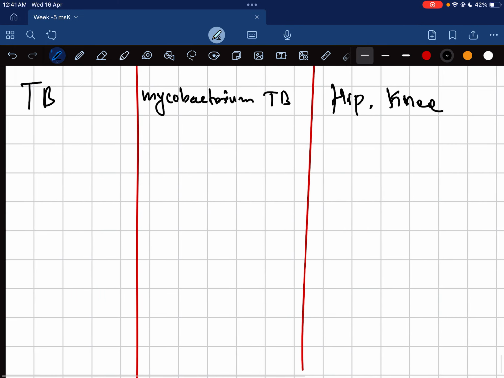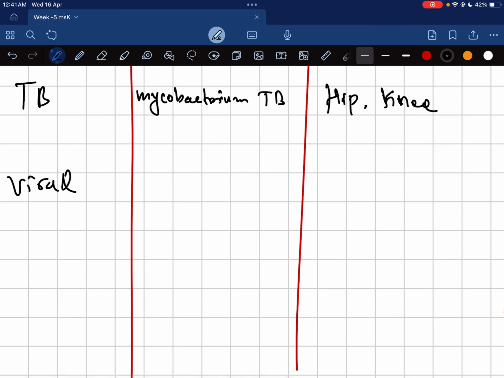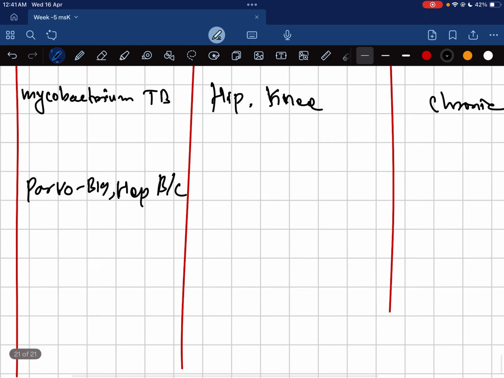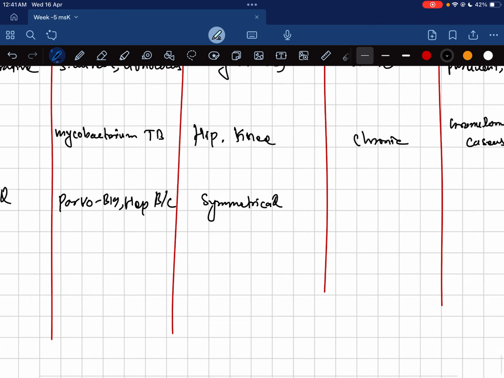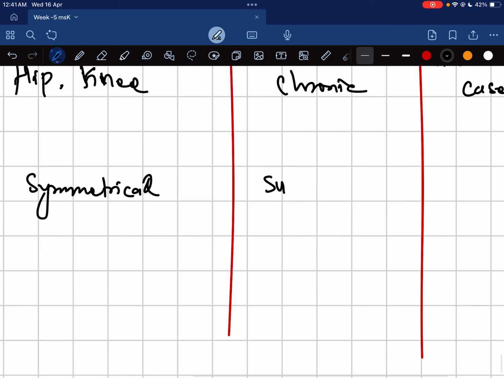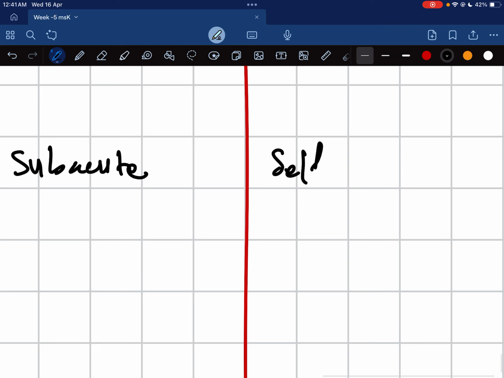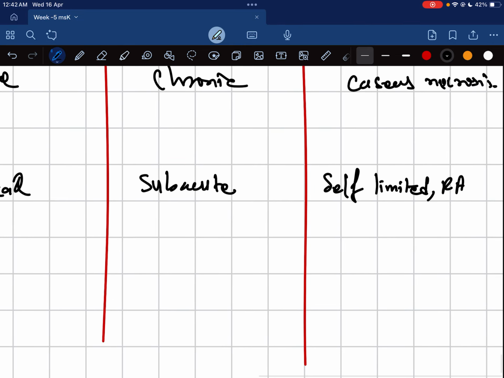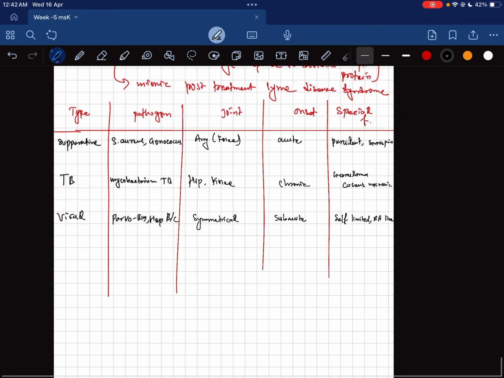For the viral type, the pathogens are parvovirus B19, and hepatitis B and C. There is symmetrical joint involvement, subacute onset, and the features are self-limited course and rheumatoid arthritis-like features.